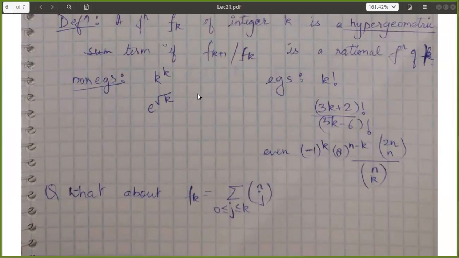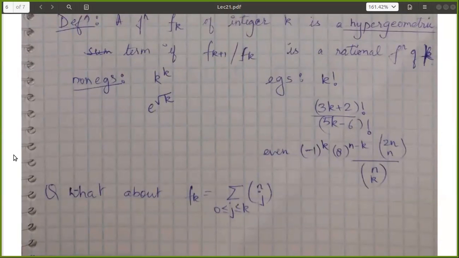So the correct question we should have asked for the existence of g of k was: does there exist a hypergeometric term g of k such that f of k is g of k plus 1 minus g of k for all integers k?